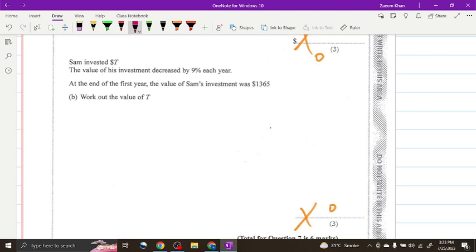Would you use a different equation? Okay. So what's the equation that we're going to make in this particular question? I equals PRT divided by 100.